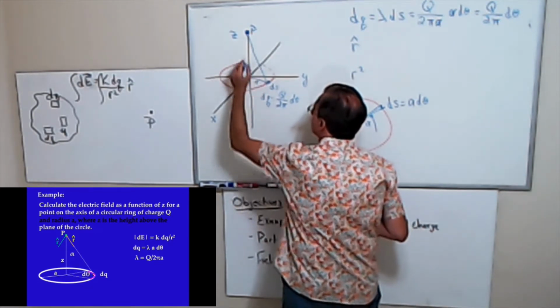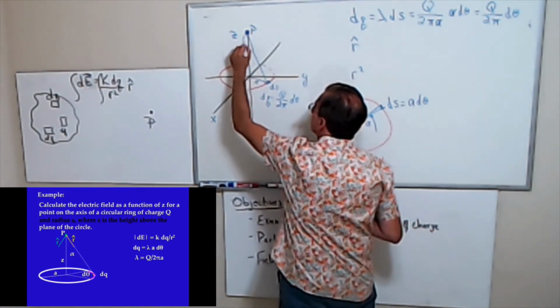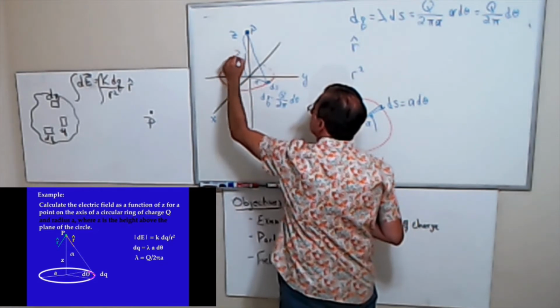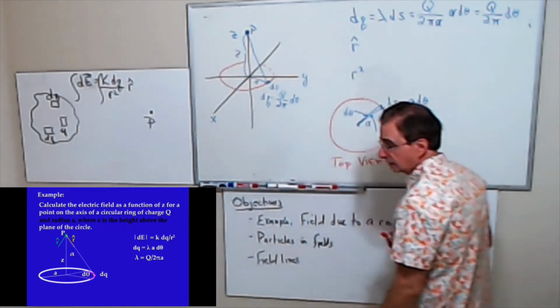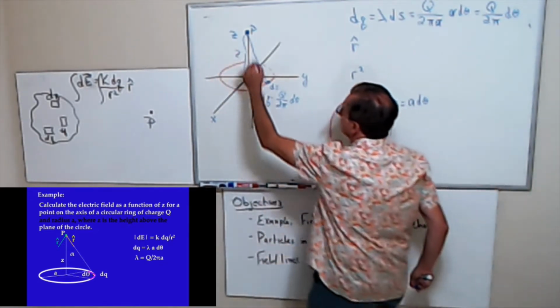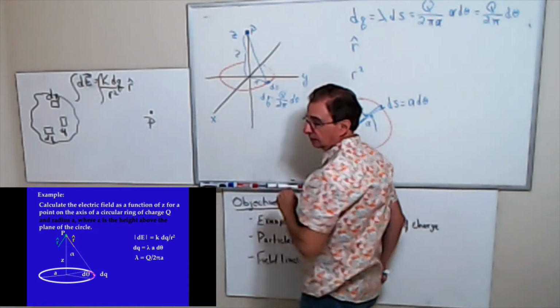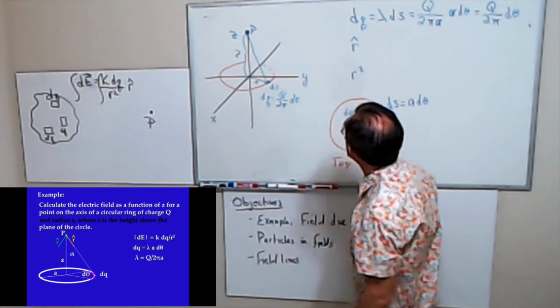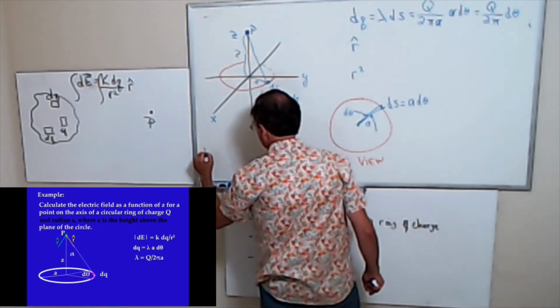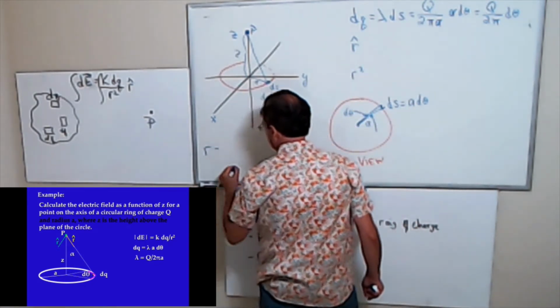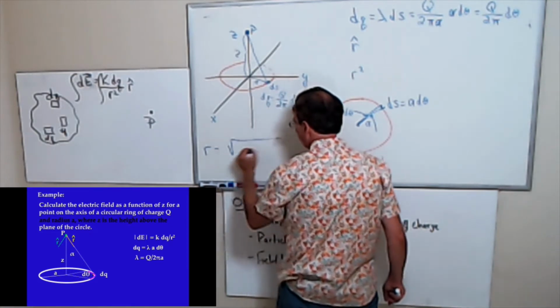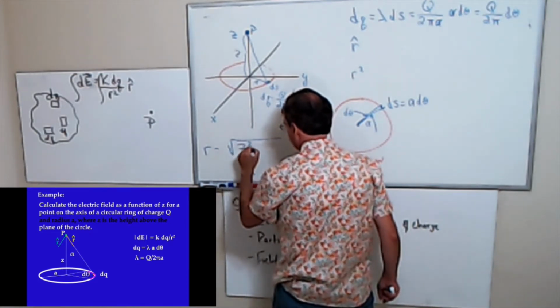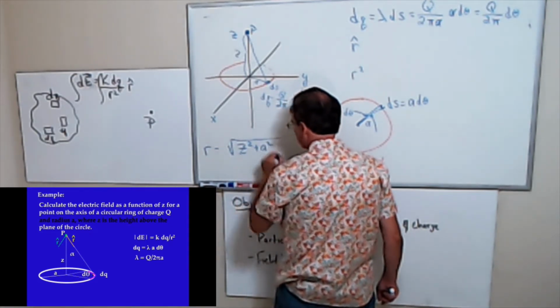This is A. This distance is Z. This is a right triangle. So the blue hypotenuse is easy to determine. R is the square root of Z squared plus A squared.